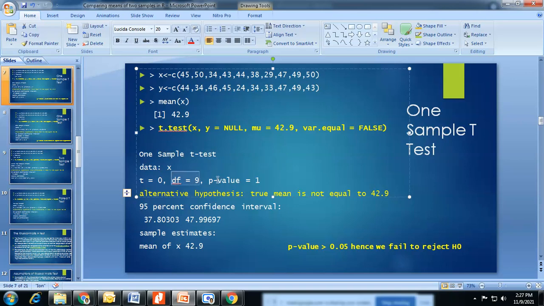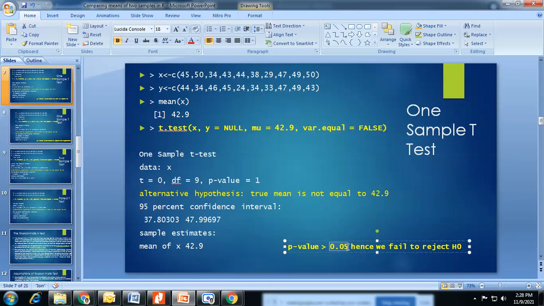Then it gives the result that the p value is equal to 1. The p value is the probability value. Depending on the p value, you compare it with your significance level, which in this case is 0.05, because the confidence level is 0.95.